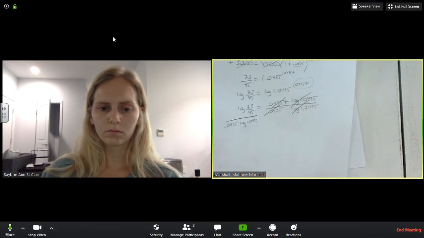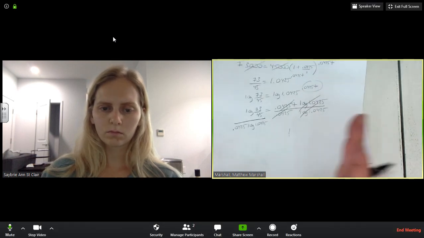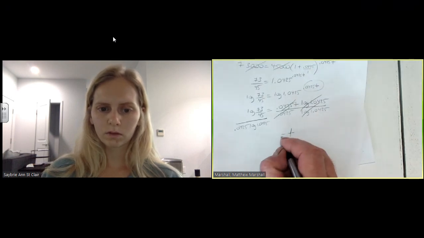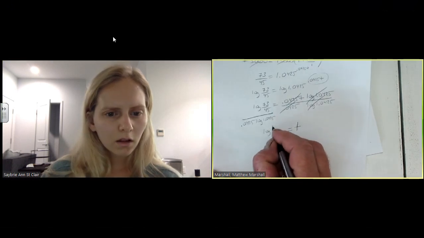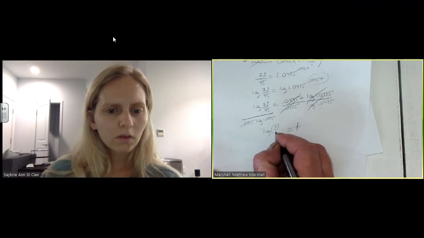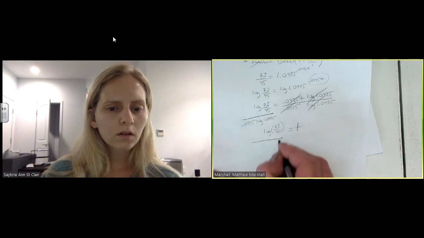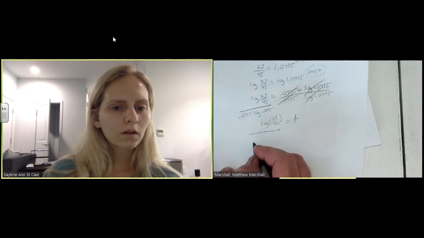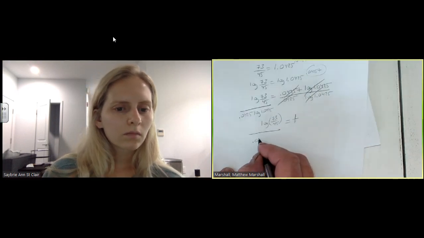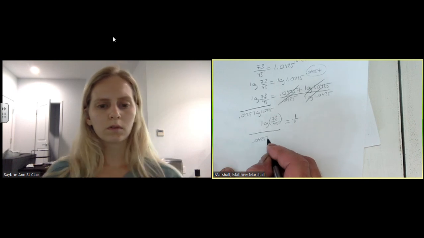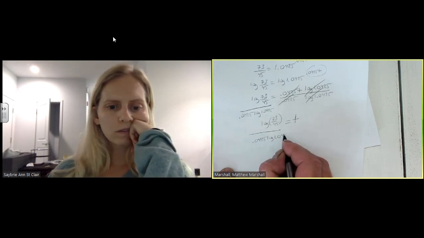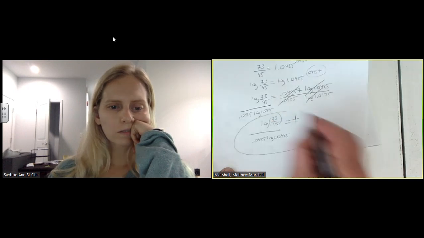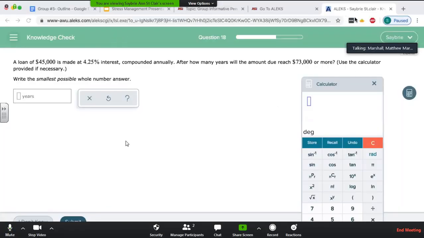So this is going to be, I wish you good luck typing this in, Saber. It's going to be on top log in parentheses 73/45 divided by a huge mess on the bottom, 0.0425 log 1.0425. Holy crap. Good luck.